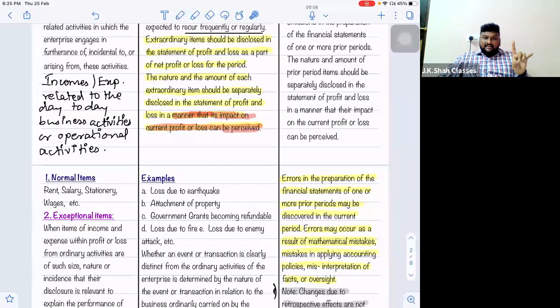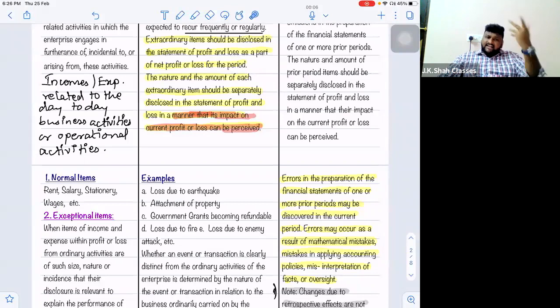For example, if we are furniture traders and did some speculative transaction, these speculative transactions are nowhere related to my business activities. They are completely distinct, so they will be considered an extraordinary item for that furniture dealer.